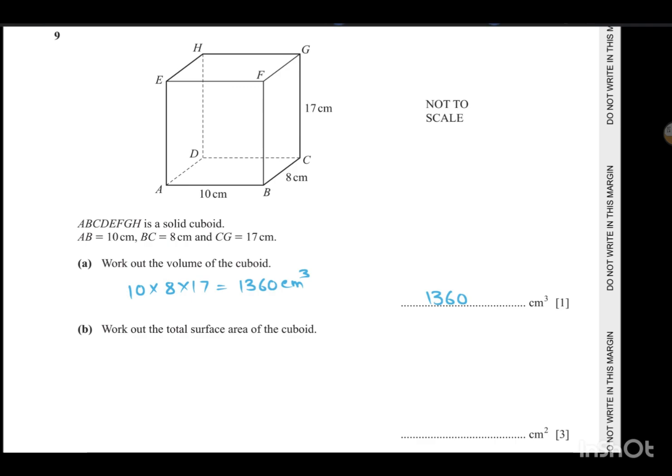Question B. Work out the total surface area of the cuboid. The total surface area of the cuboid will be 2 into L multiplied by W, that is 10 into 8, plus W multiplied by height, that is 8 into 17, plus length into height, that is 10 into 17.